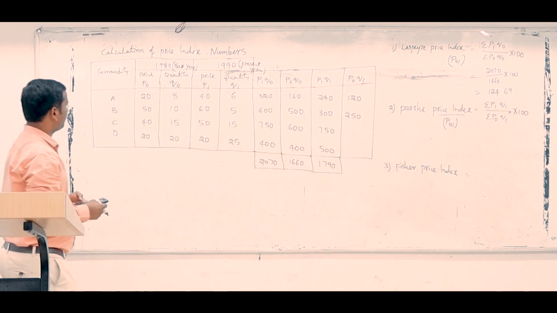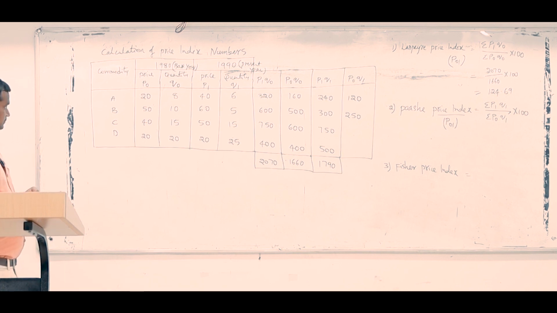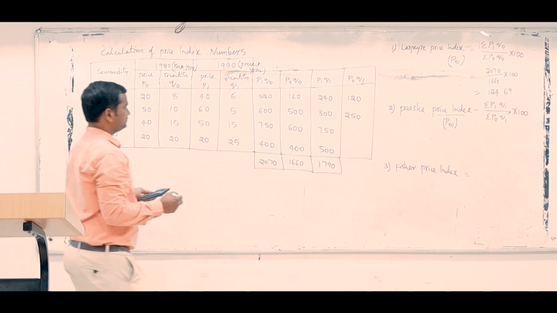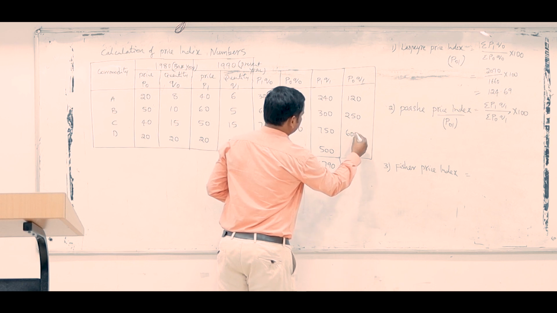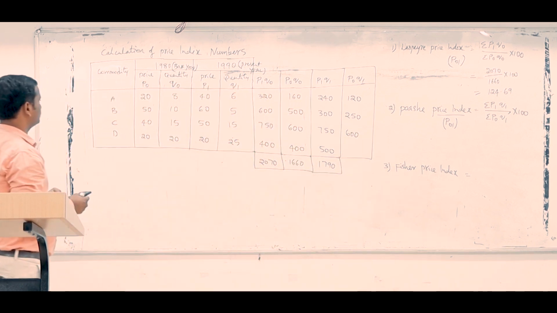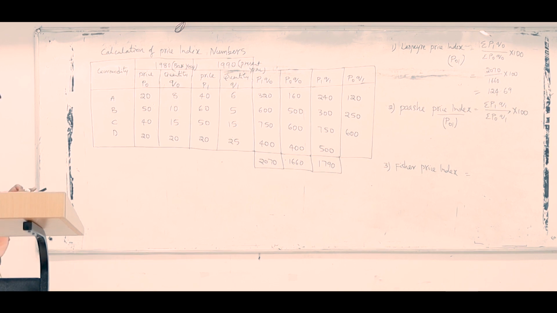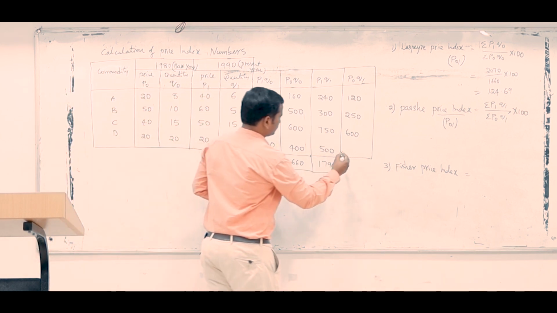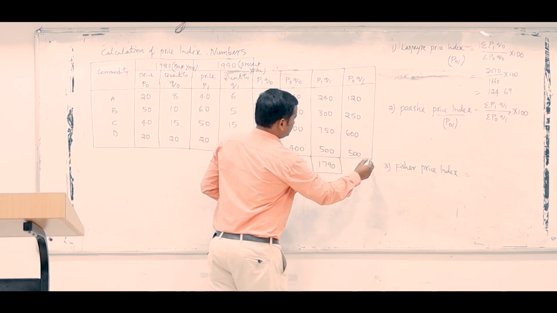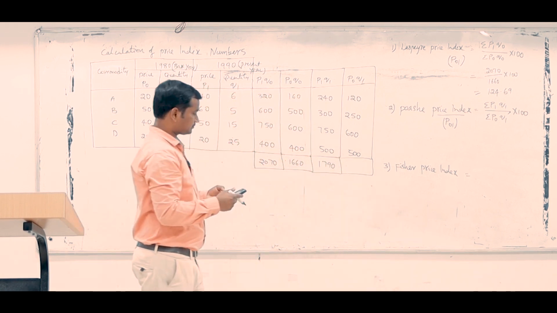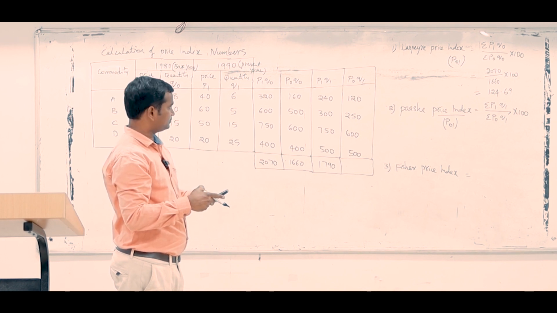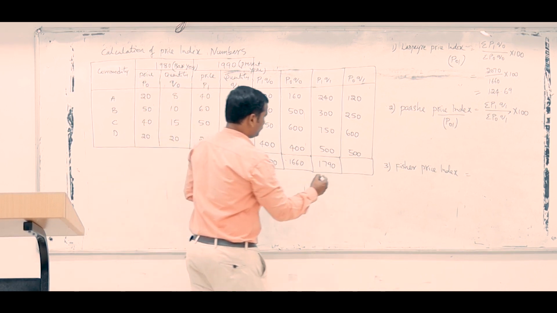So next is 40 into 15, 600. Next 20 into 25, 500. So these things we should add. So 120 plus 250 plus 600 plus 500. So total will be 1470.